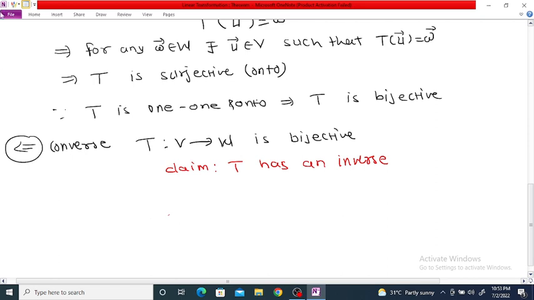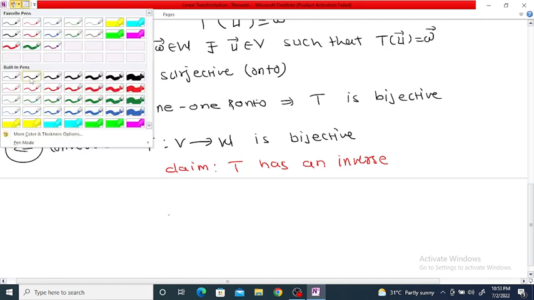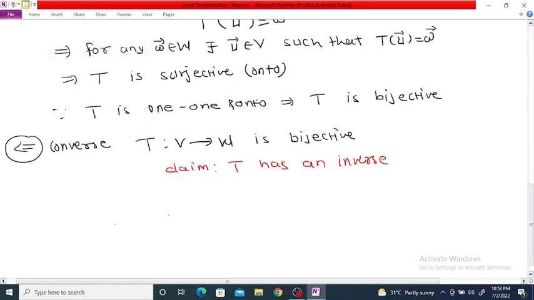Now T is a mapping from V to W that is bijective. Since T is bijective, it is 1-1 and onto, that is, T is surjective.